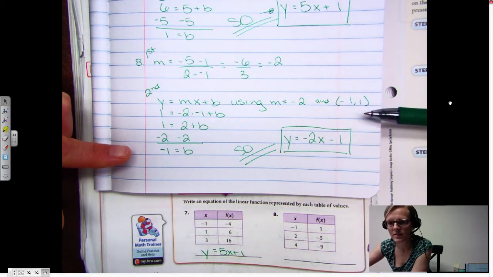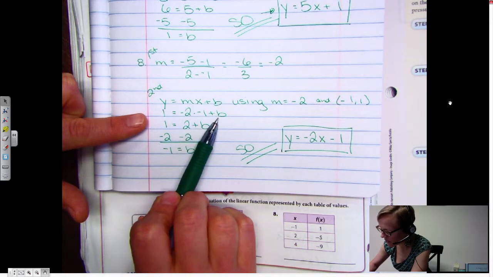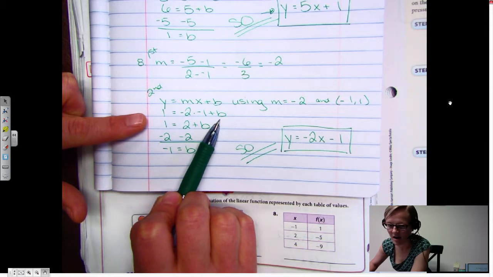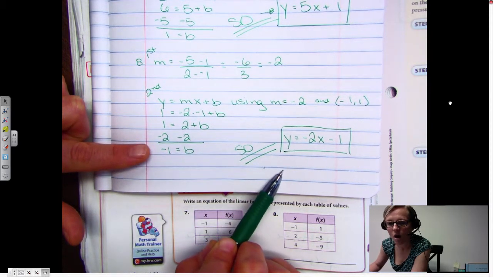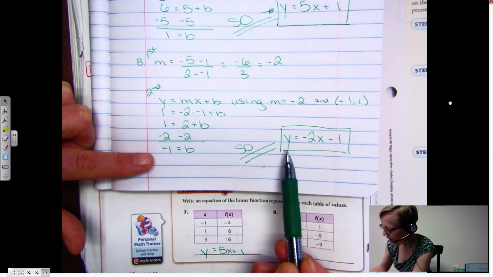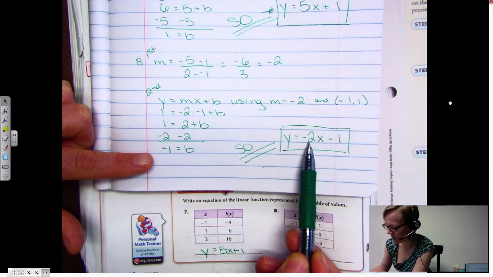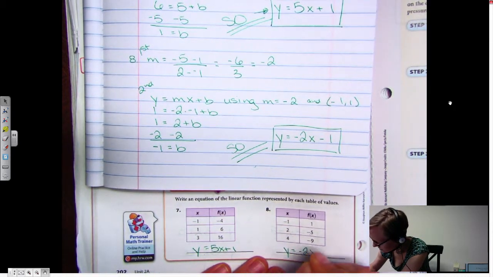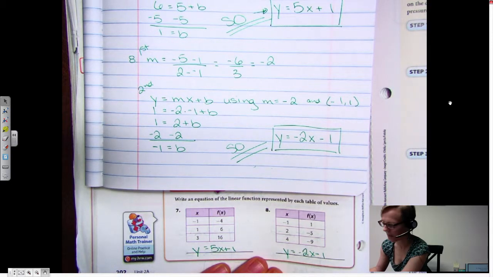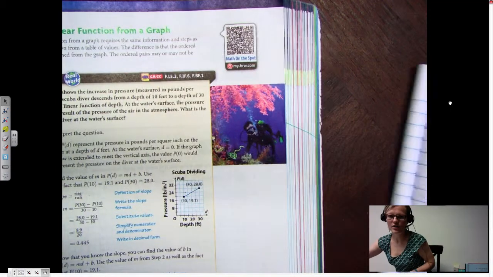One of my points, -1, 1, and I substituted the 3 values I knew and solved for my 4th variable that I did not know. And at the end, I can tell you an equation that will always hold true for any y and any x. The equation would be y equals -2x minus 1, down there.